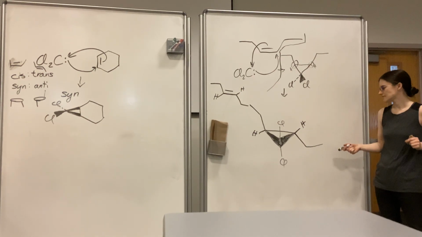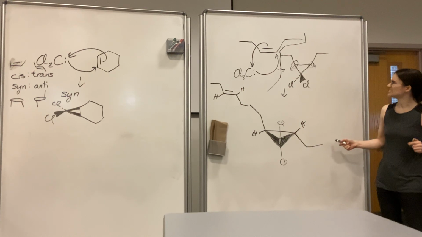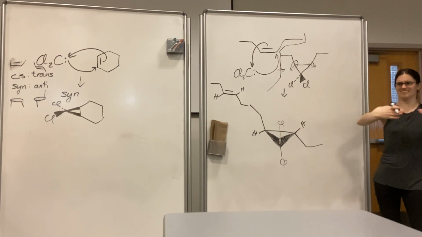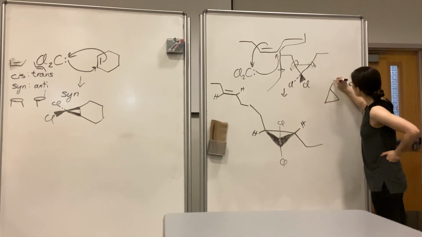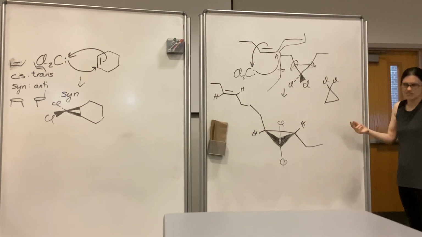And yes, it wouldn't be too annoying to figure out how to draw that without trying to do the triangle coming at you. I guess you could just sort of do a triangle. You don't have to draw stereochemistry on these because they're the same.